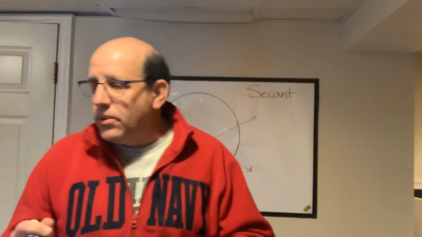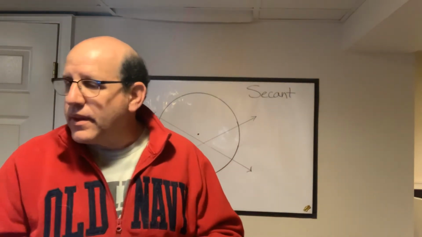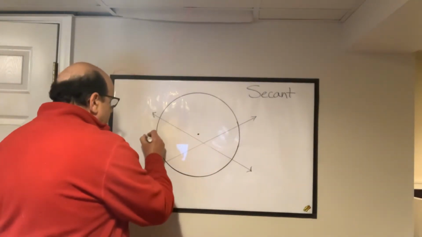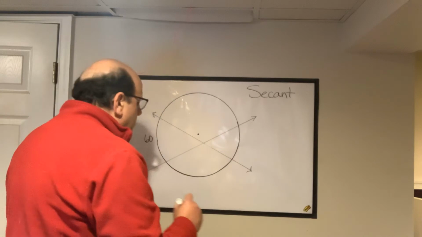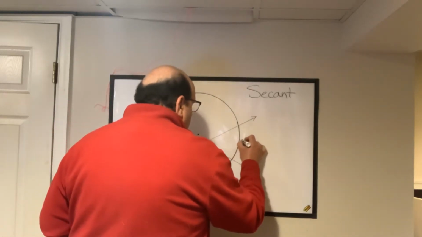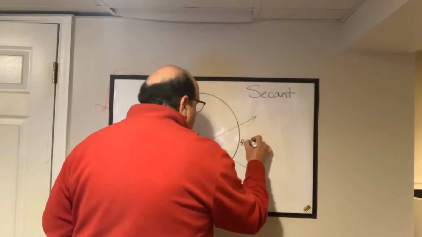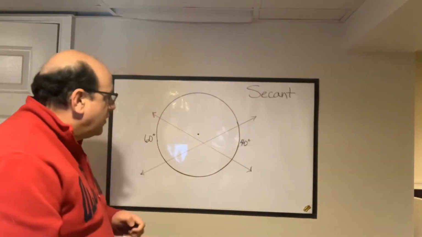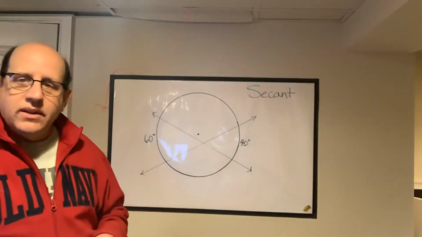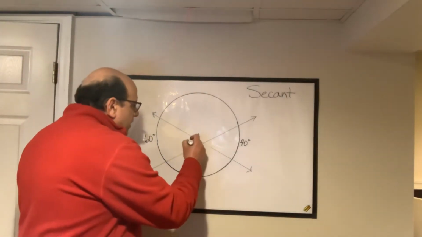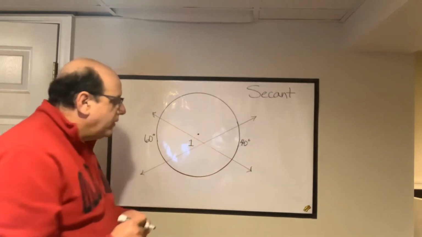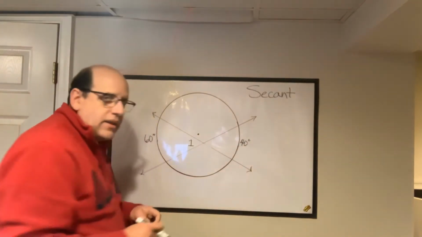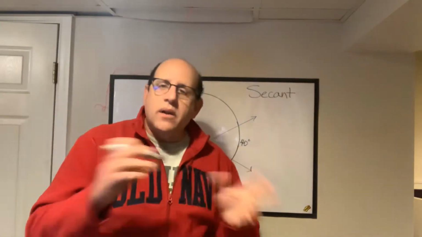Here's an example. I'm going to say this is 60, and this is 40. What this says is that if I want to know this angle here, I'll call it angle 1, all I have to do is add these two arcs together and then cut them in half.